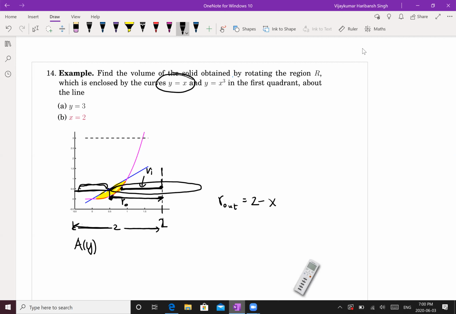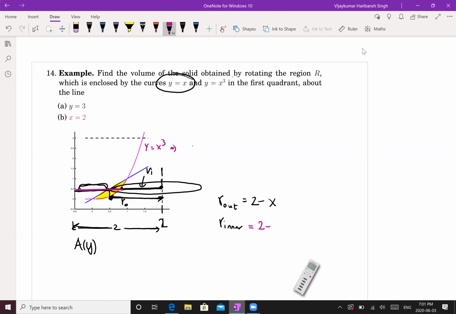Now what about R inner? The inner radius is going to be, again, the whole thing, which is 2, and out of that you're subtracting this part from here. To subtract that much, the whole thing is 2, and out of that you're subtracting the x value of the curve y equals x cubed, but written in terms of y.